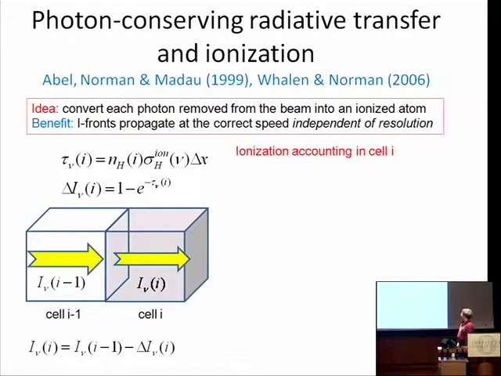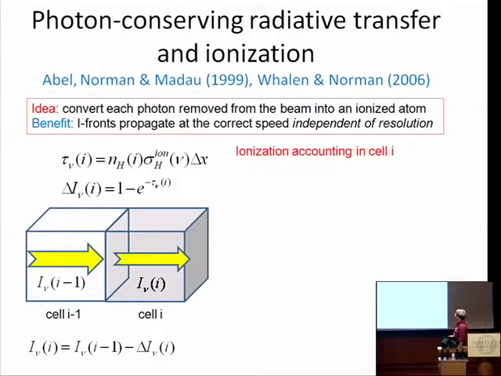All right, but now let's get to the radiative transfer part, which is what makes this challenging, and introduce this notion of photon-conserving radiative transfer and ionization. I'm sure this has been reinvented a dozen times, but in astrophysics at least, or at least in numerical cosmology, we were the first to introduce this.